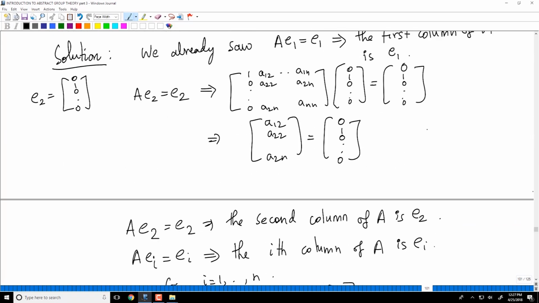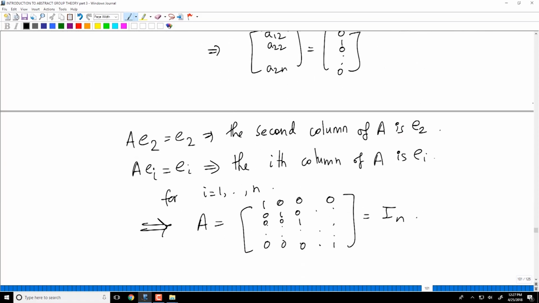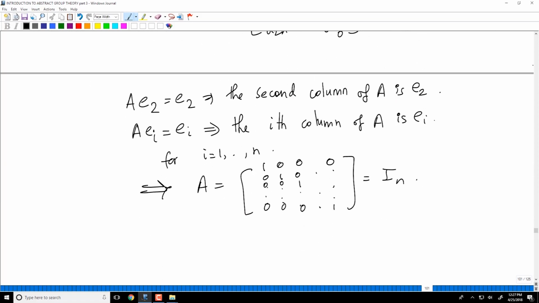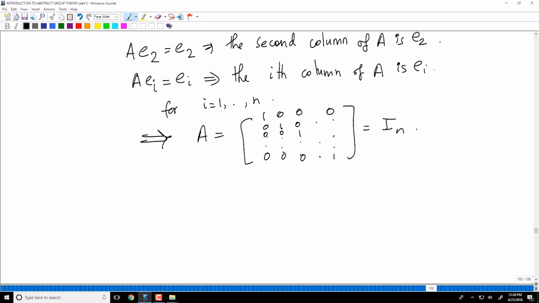It suffices to assume that AE1 equals E1, AE2 equals E2, AEn equals En. But of course, if AEi is equal to Ei for all i, then AV will be equal to V for all V. This is because the vectors E1, E2, En span the vector space Rn, but that's not important for this problem.